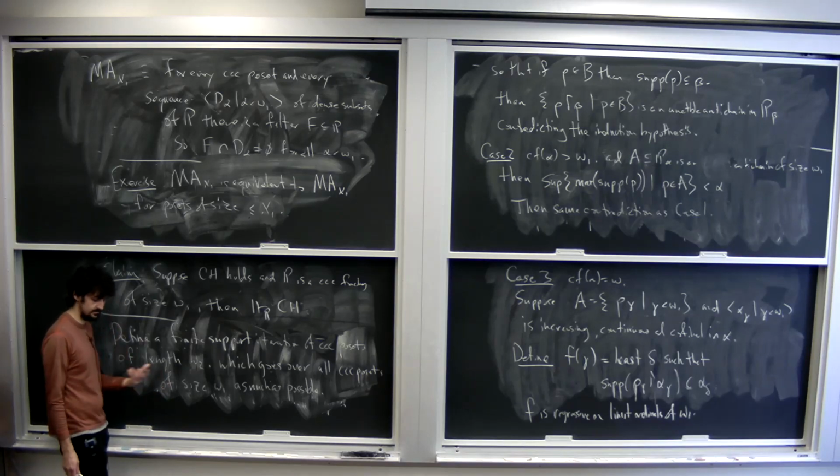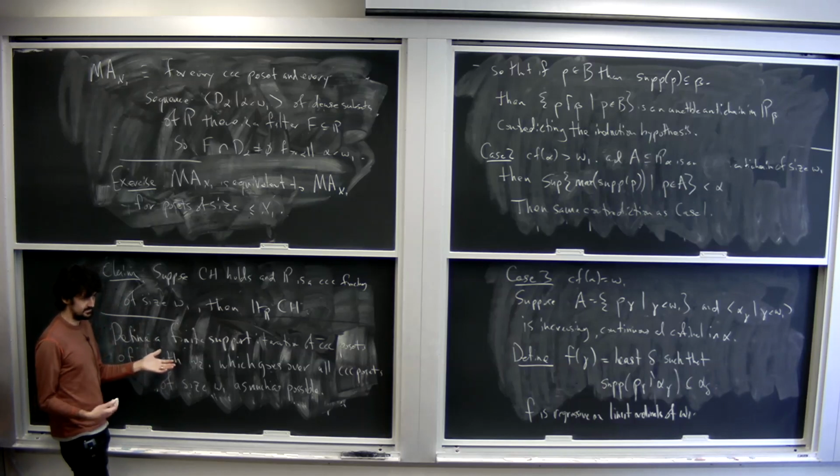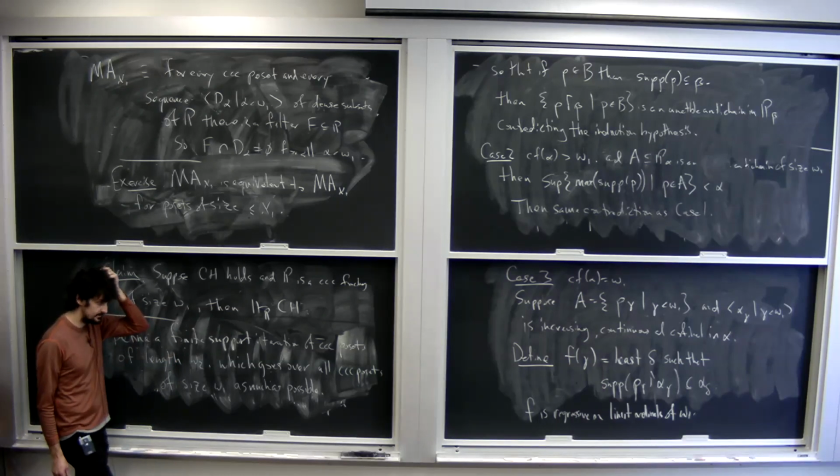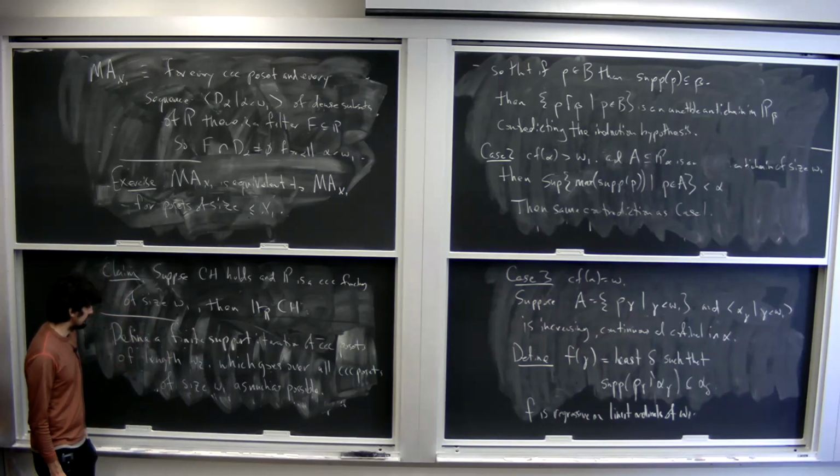You need to specify what you're going to force with at every step. The right thing to do is to build in a bunch of redundancy. Every intermediate model, up to the iteration up to some beta, is going to have some enumeration of CCC posets of size aleph 1. You arrange your iterations so that you keep forcing with those as many times as possible. There's some kind of bookkeeping function which allows you to do that. And that's it.